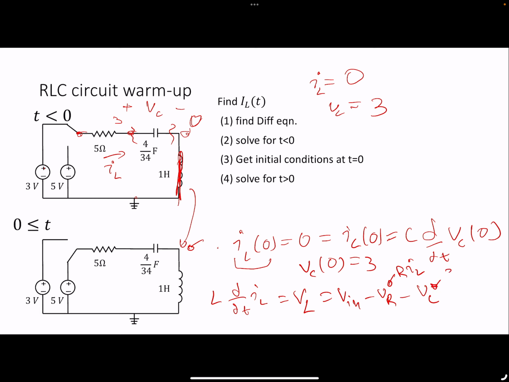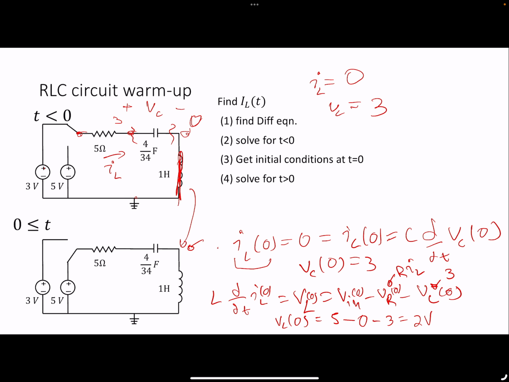VC is equal to 3 at time equals 0. And so I'm going to get that VL(0+) will be equal to 5 minus R times IL(0), which is 0, minus 3. So that's going to give me 2 volts.